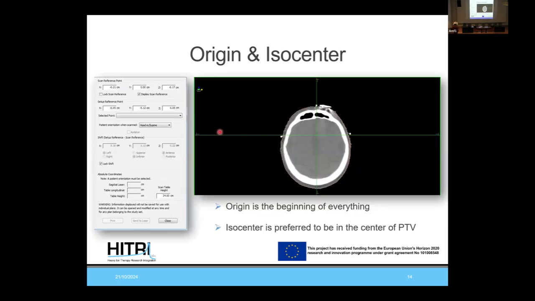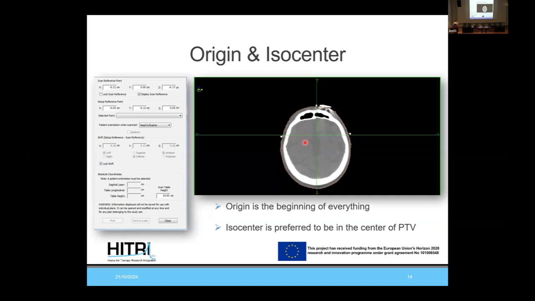Okay, before I start to do the dosimetry, I have to define where is my zero point, where all must be done. So here I have the BBs, as you can see. Here I have the coordinates. And I'm trying, as much as I can, to set the reference point. This is the origin. This is the first one.